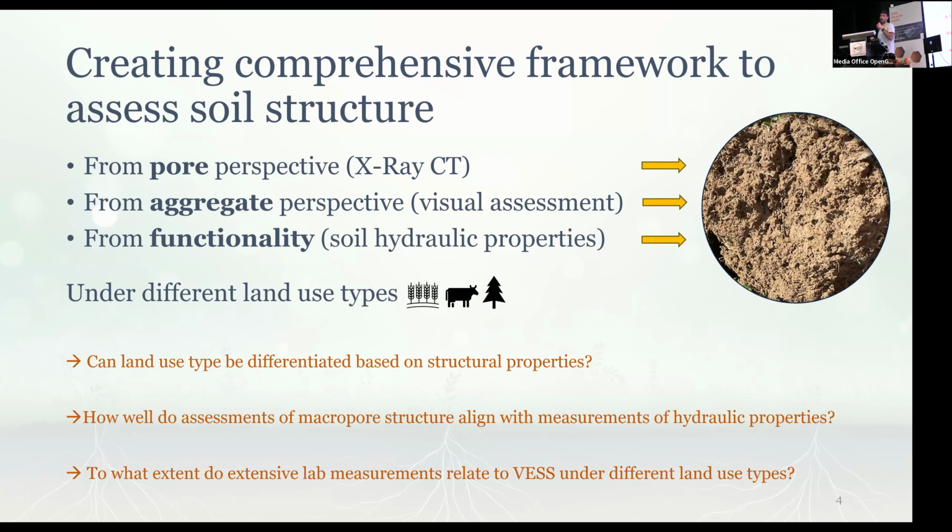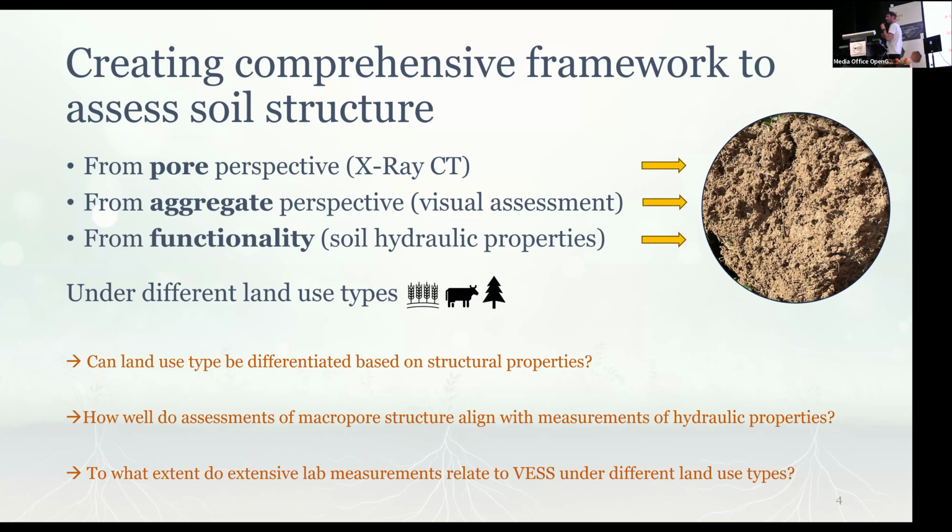So this is where we try to start, by assessing soil structure from different points of view. What we're trying is to link several methods to make use of soil structure as a soil health indicator.